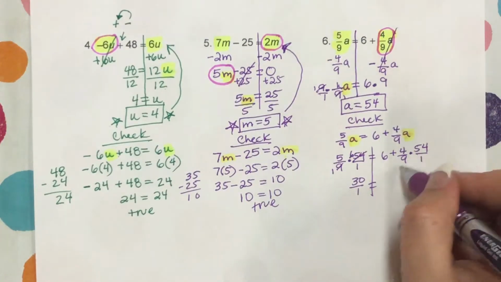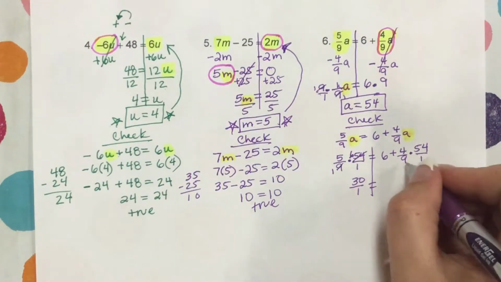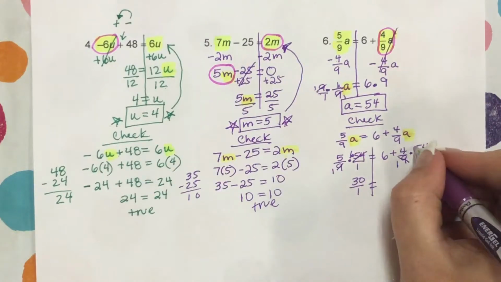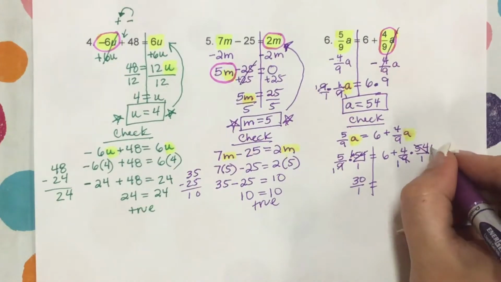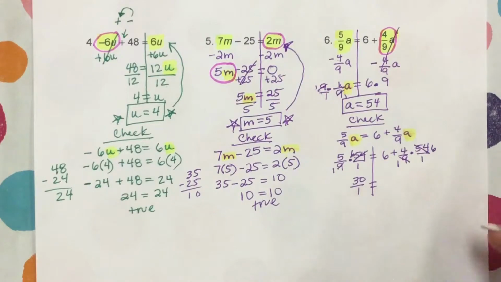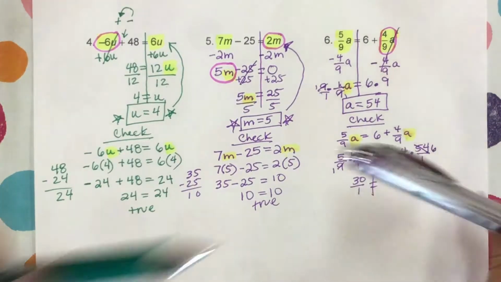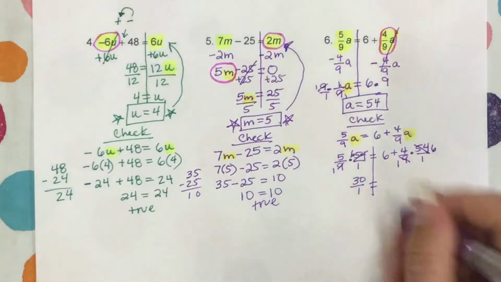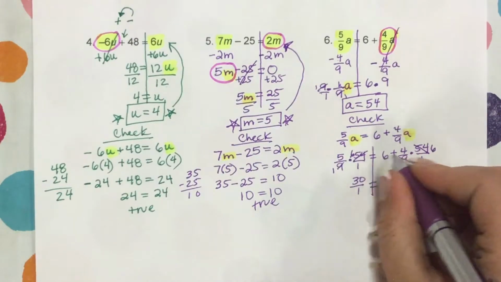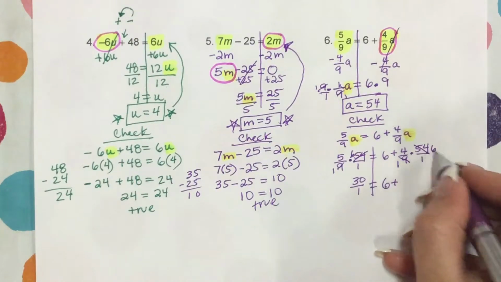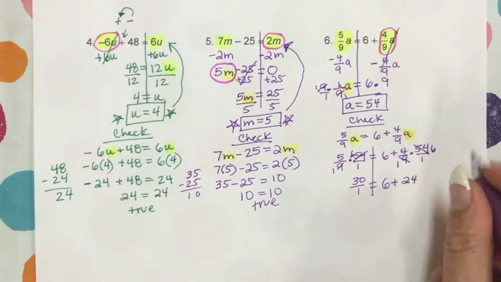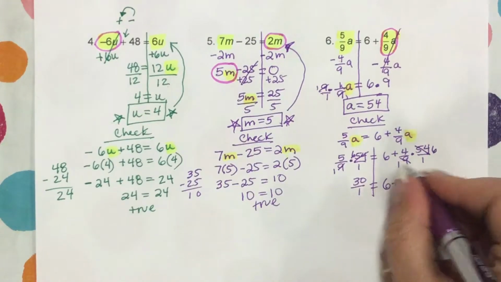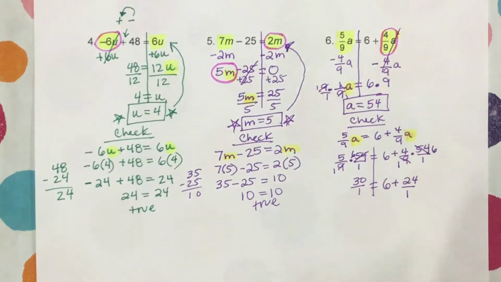Well, yeah, 9 and 54 have a common factor of 9. 9 goes into 9 one time, and 9 goes into 54 6 times. Now I've cross canceled, so I can multiply across. I'm rewriting that 6 plus right there. So we have 4 times 6, which is 24, over 1 times 1, which is just 1.